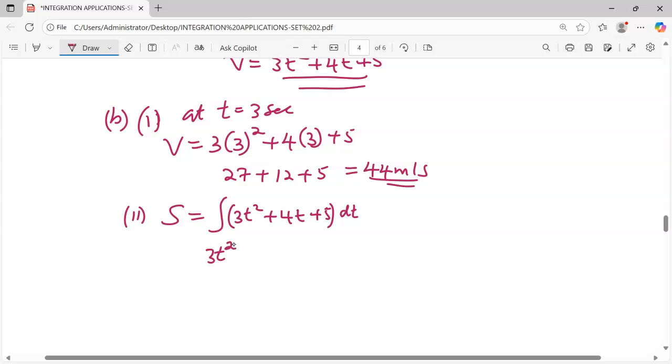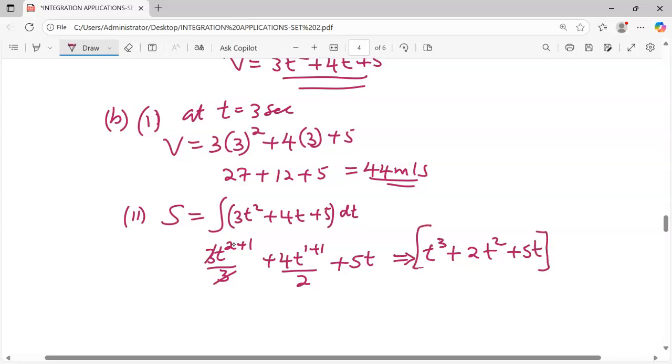We have 3t squared, we are going to add 1, then we divide by the total new power, plus 4t, this is raised to the power of 1, we add 1, then we divide by the total new power, which is 2, then 5, we introduce a t, and at this point we are simply going to have 3 and 3 will cancel, giving us 3t cubed. 2 goes to 4 2 times, that is plus 2t squared plus 5t. We do not need to introduce c because this is distance or displacement.